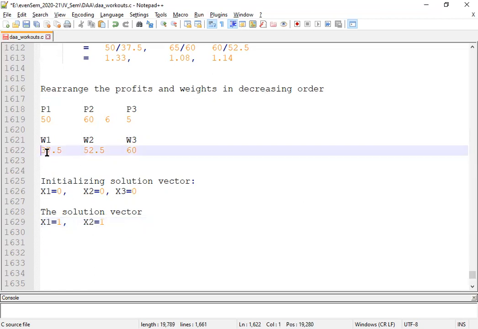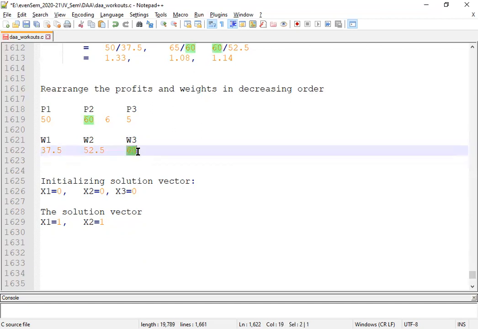Now if you add up these two, 37.5 and 52.5, how much will it come? 3 plus 5 is 8, plus the 1 carried over, total 90 we get, right? So we have a capacity of 100, but it is already filled with 90 kgs. Then what is left? Only 10 kgs.